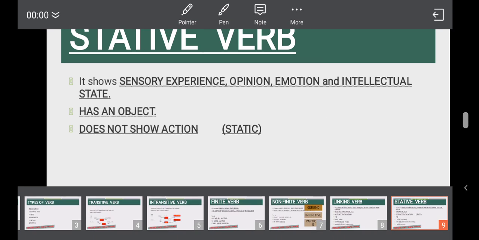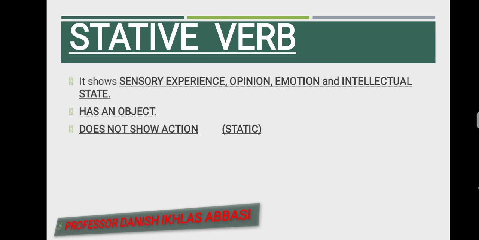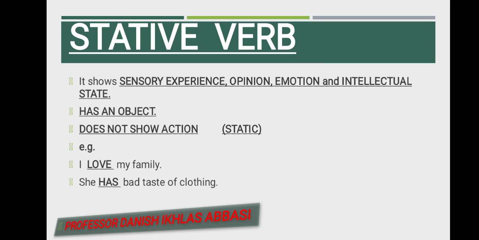For example, the stative verb: I love my family. Now, here the word love has an object, my family, but it does not show any action. It just shows an emotion, that is, love. And second is, she has bad taste of clothing.